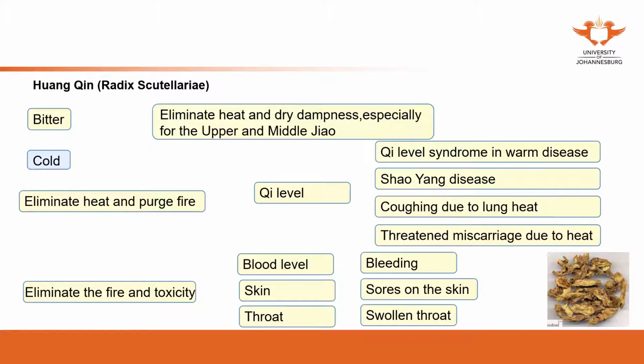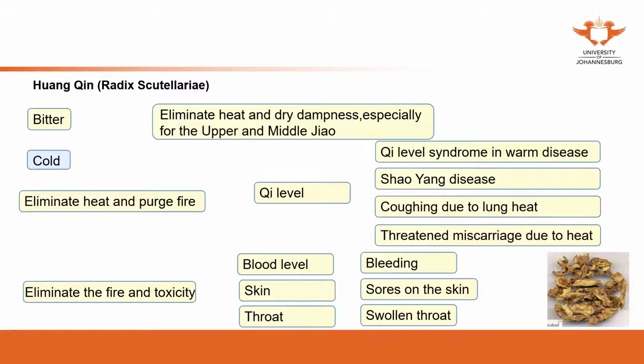Here we use 黄芩 to eliminate heat and purge fire at the qi level. In qi level syndrome, the patient will present with a white coating. 少阳 disease is also at the qi level. It is used for coughing due to lung heat and threatened miscarriage due to heat. 黄芩 also can be used to eliminate fire and toxicity.